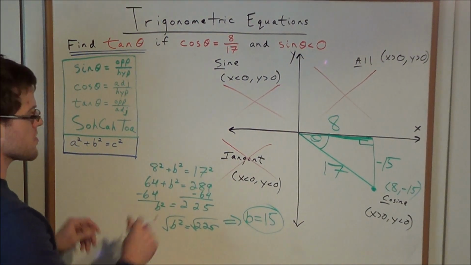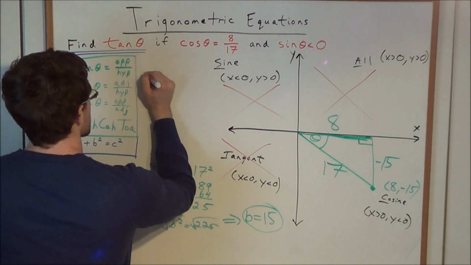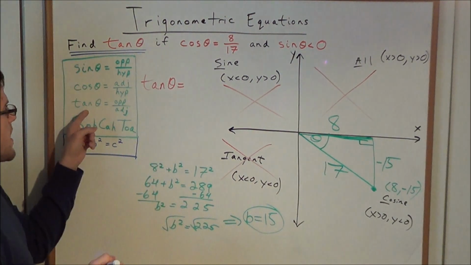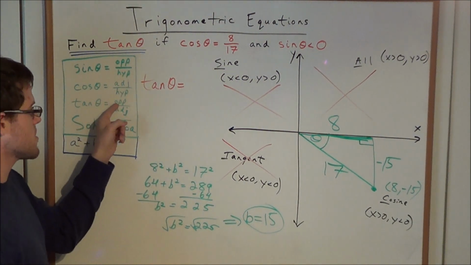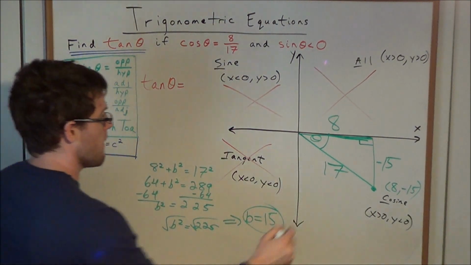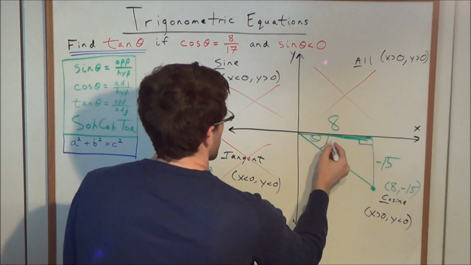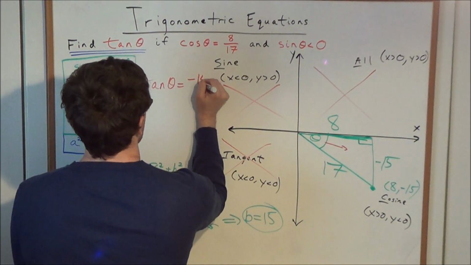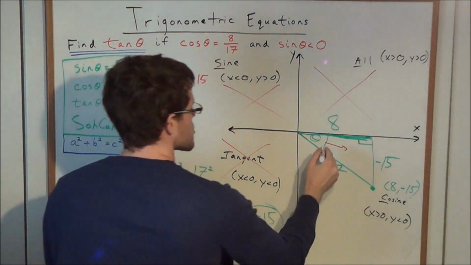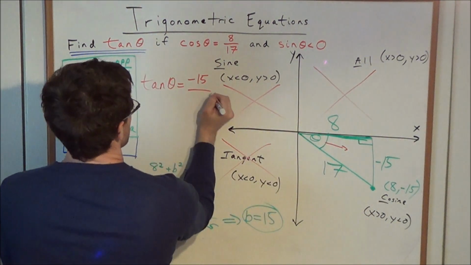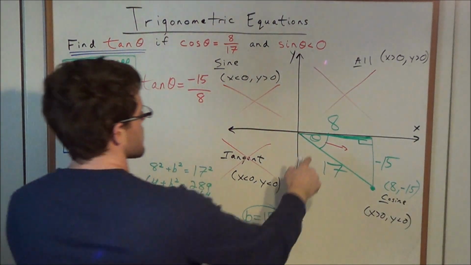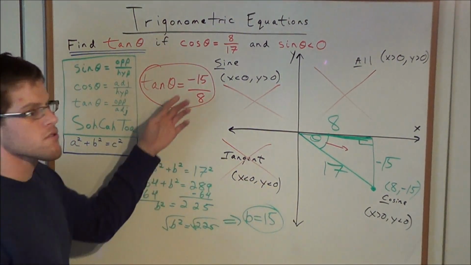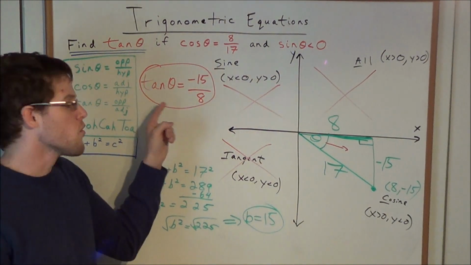All we need to do is take a look at tangent of theta, which is the opposite side divided by the adjacent side. The opposite of theta is equal to minus 15, and the adjacent to theta is equal to a positive 8. So tangent of theta is equal to minus 15 over 8.